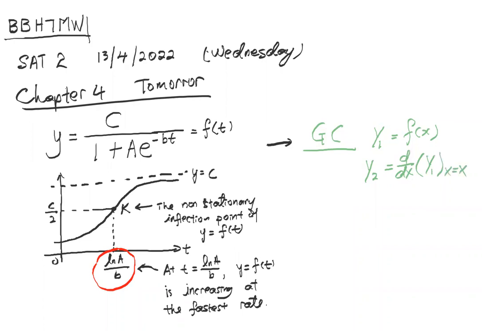Right? Then after that, I will only plot the Y2 graph. Why do I want to plot the Y2 graph? The reason is like that. For example, in this case, I plot the Y2 graph and I will get a graph which looks like this.